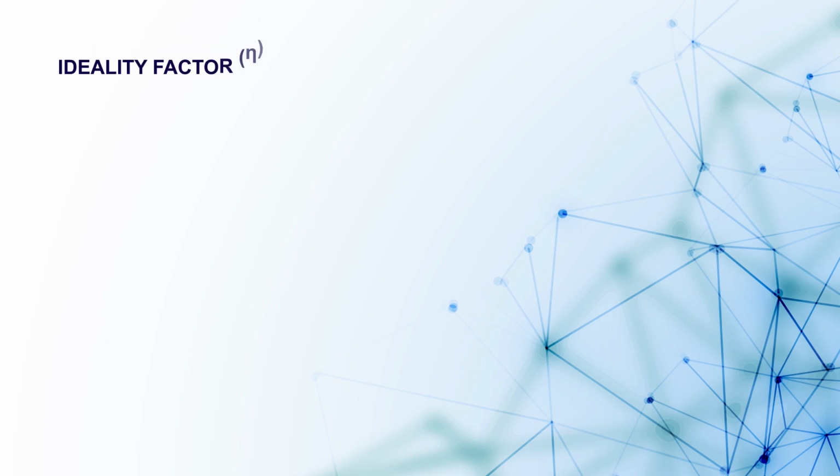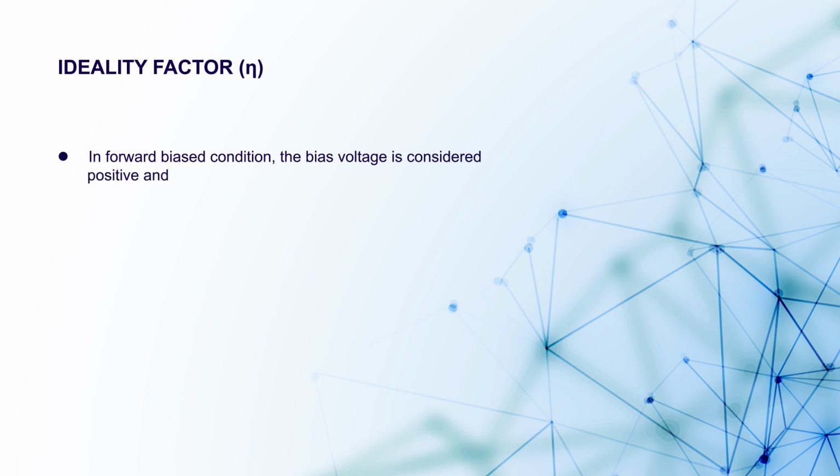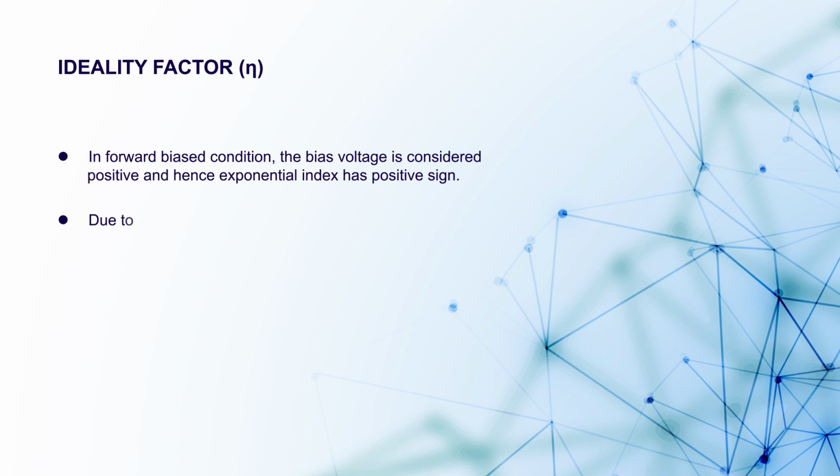In forward bias condition, the bias voltage is considered positive and hence the exponential index has a positive sign. As we have seen in equation 1, when the forward voltage is applied, the bias voltage is positive. Hence, the exponential term, e to the power qV upon nkT, will be greater than 1, that means its value is very much larger than 1.